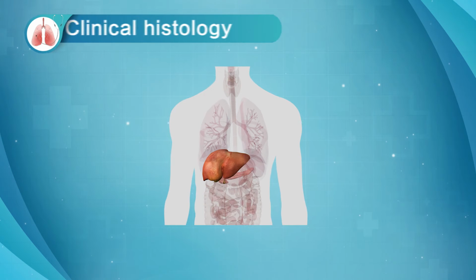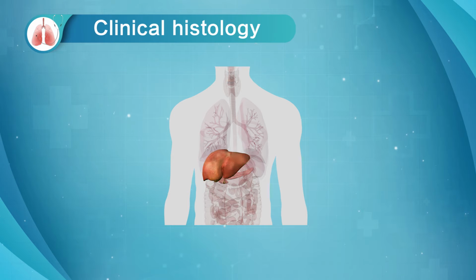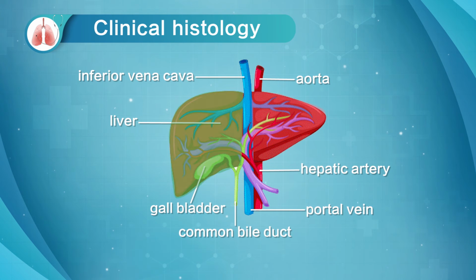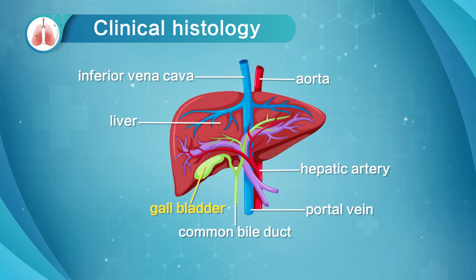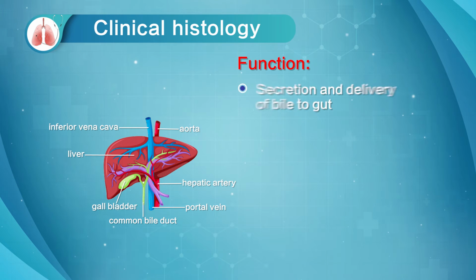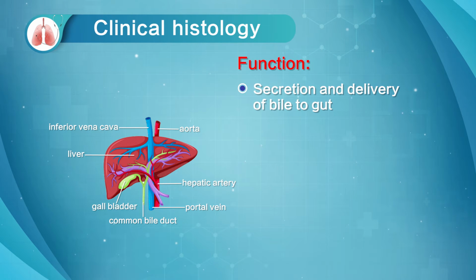The liver sits on the top right side of the belly, and has two large sections called the right and the left lobes. The gallbladder is under the liver. The functions of the liver include several aspects. First is the secretion and delivery of bile to the duodenum for digestion.